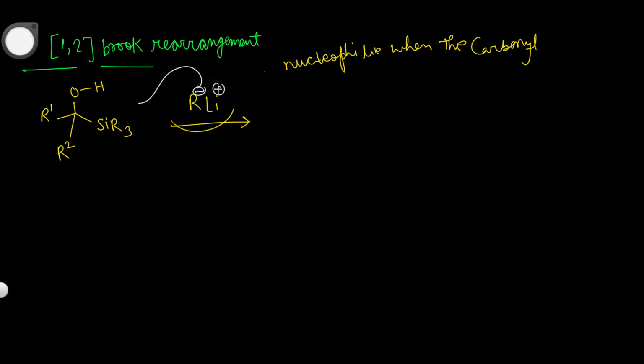This R minus will take the proton of this OH, and the bond will shift onto the oxygen as a negative charge, and now you will get something like this. Here is an O minus, and here is a silicon SiR3, and you have R2 here, right?